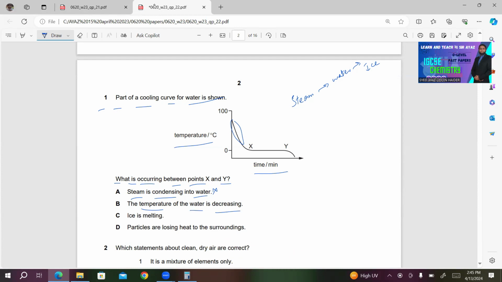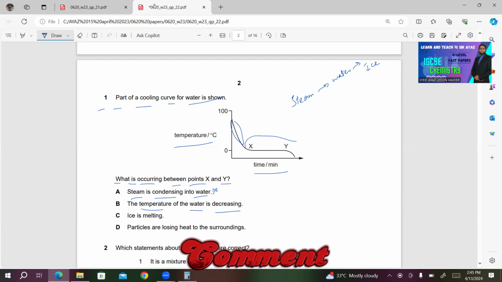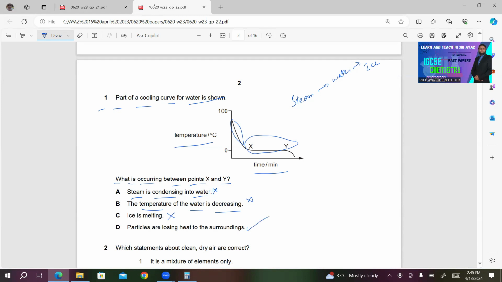Between point X and Y, there's no change in temperature, so the temperature is not decreasing. C, ice is melting. This is also incorrect. Ice is not melting. Choice D, particles are losing heat to the surrounding. This must be the correct statement, D.